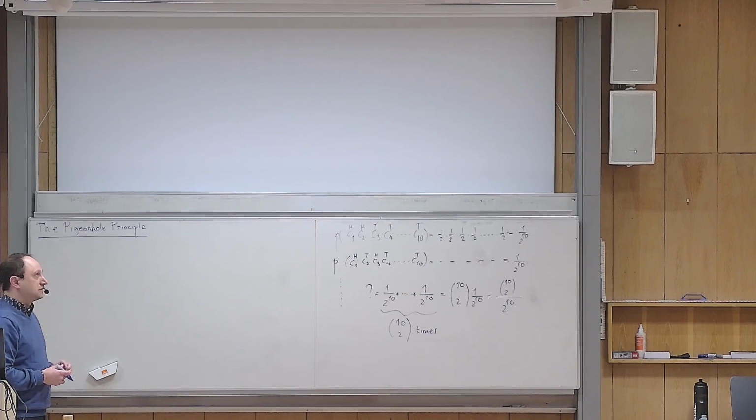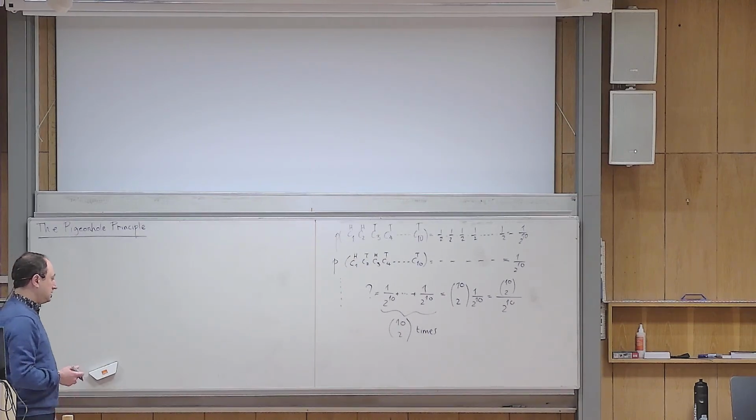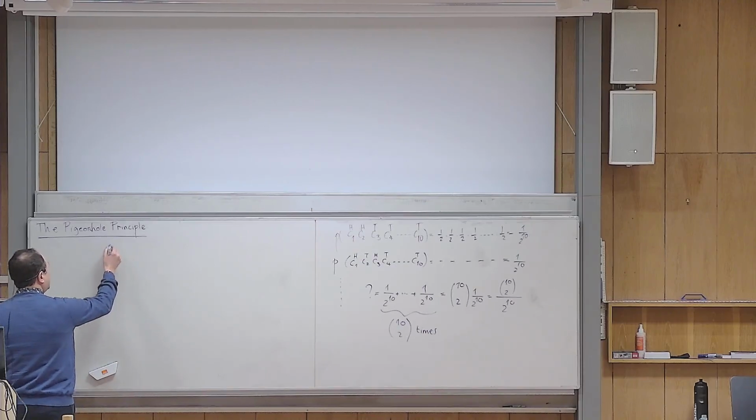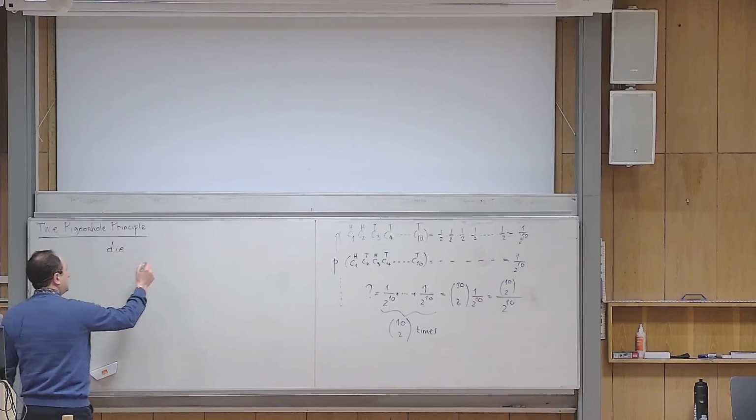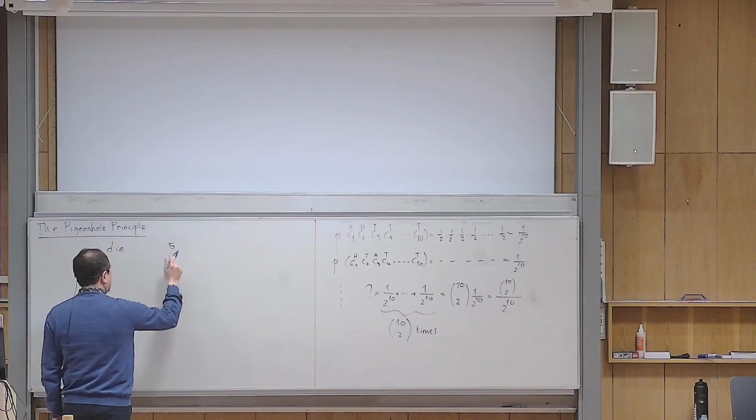No, that's not a good example. Now let me do it like this. We have one die, and we roll it, for example, 5 times.